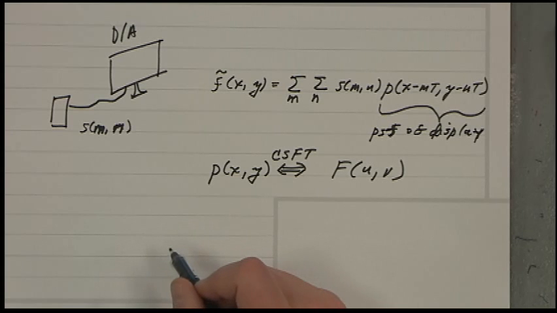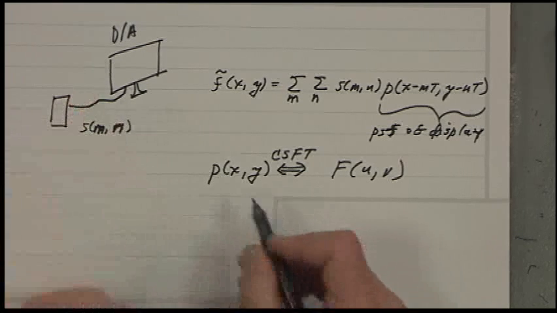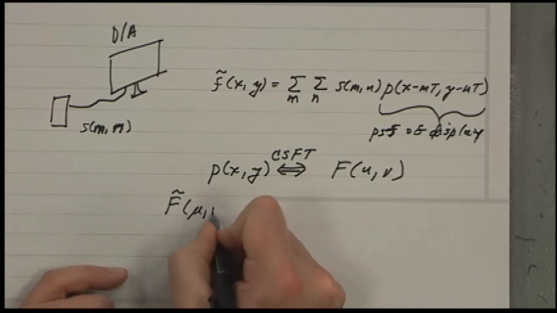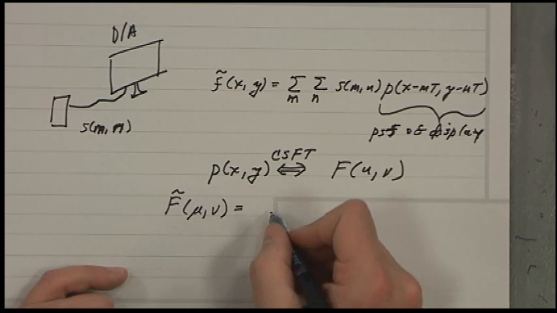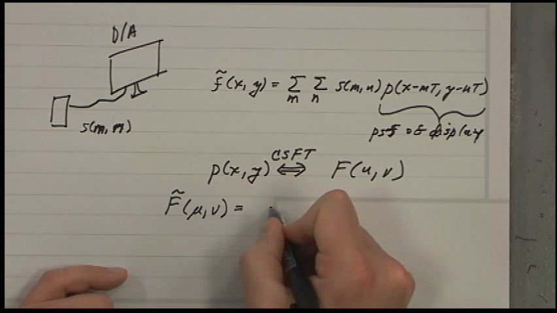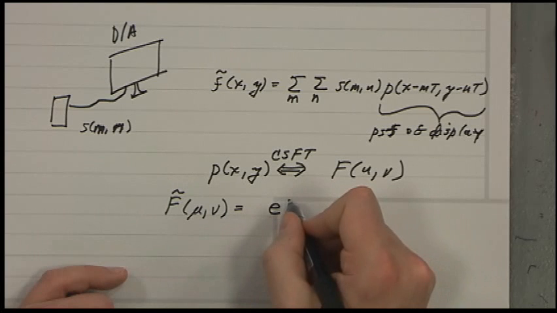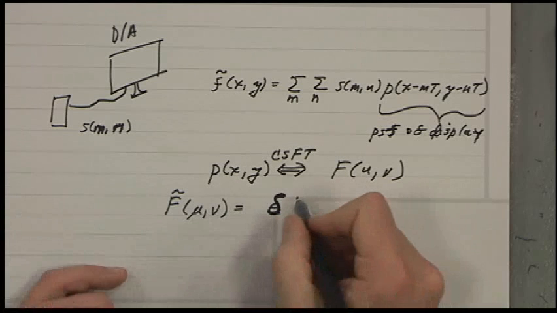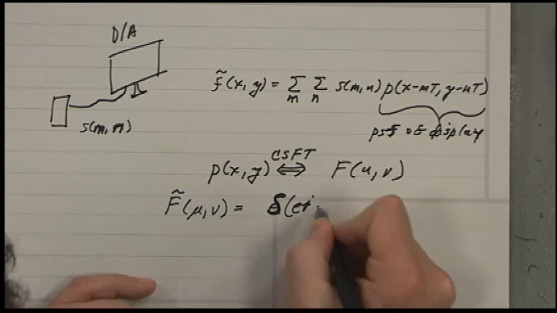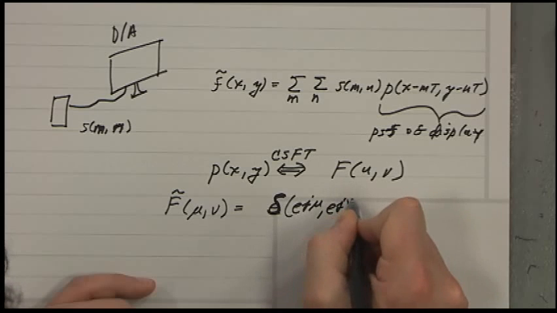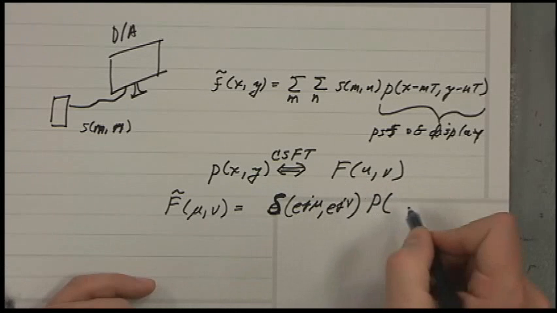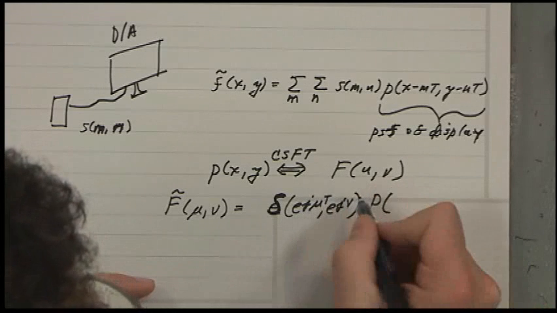So if you put that together, in the frequency domain, it's going to turn out that F tilde of uv is going to be equal to S of e to the j mu, e to the j nu, times t times P of uv. I said s and I wrote e.